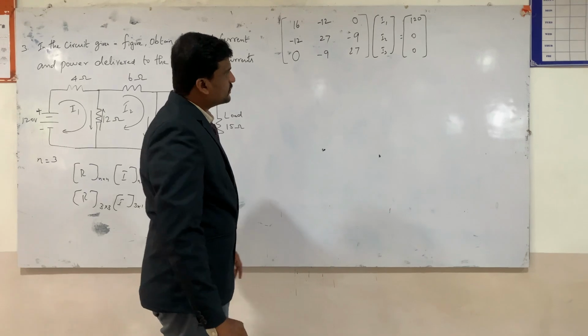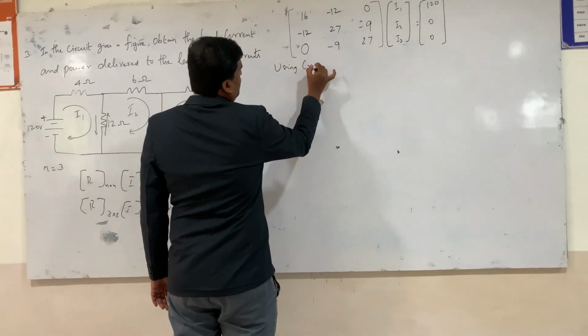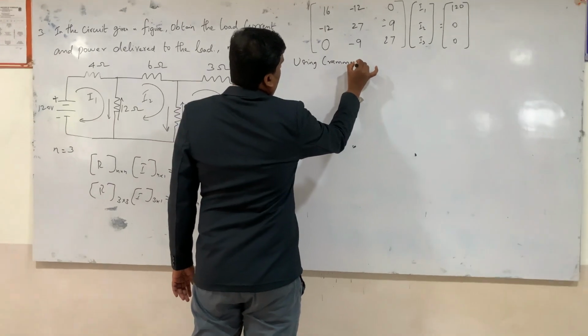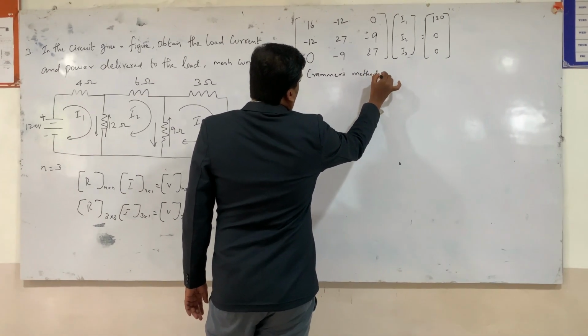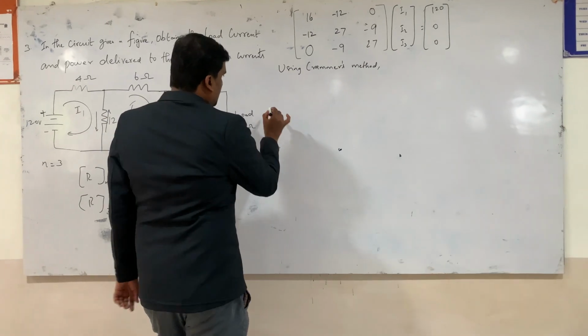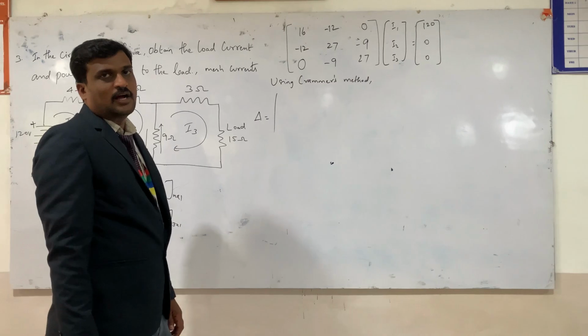So first using Cramer method, we'll find the value for del, which is equal to determinant of the R matrix.